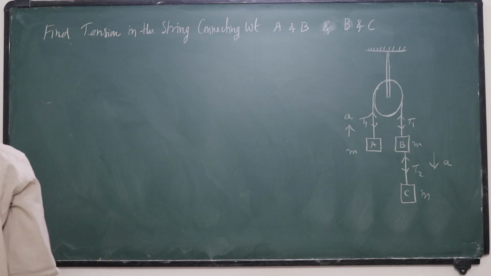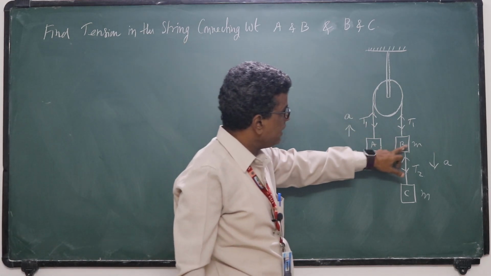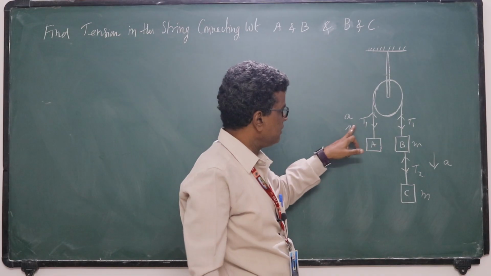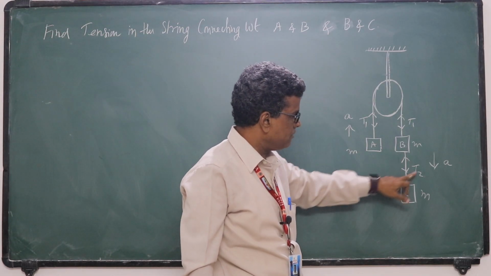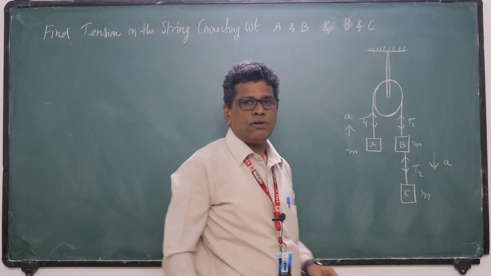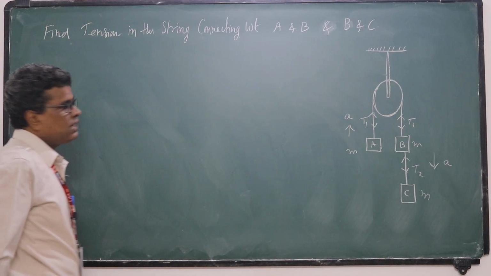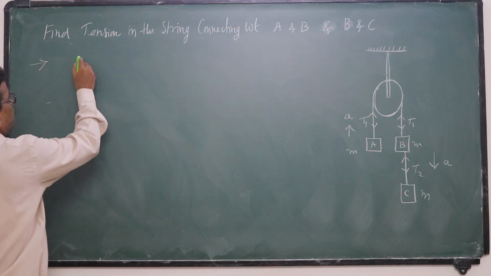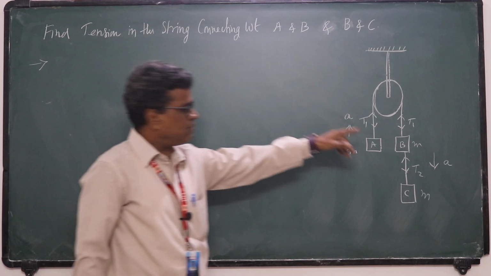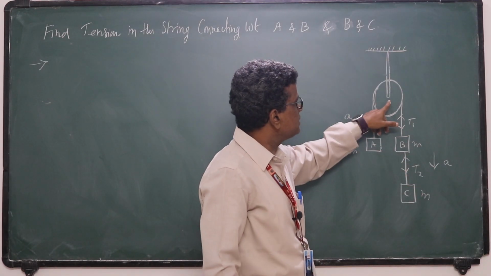So find the tensions in the string connecting A and B, let it be T1, and in the string connecting B and C, let it be T2. As usual, we are solving the problems. The first step is to find the acceleration of the system. This pulley is fixed.